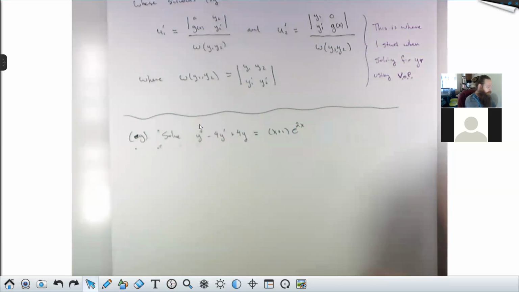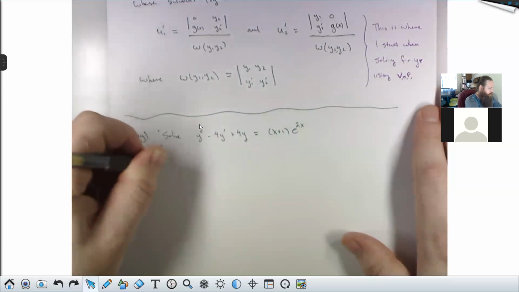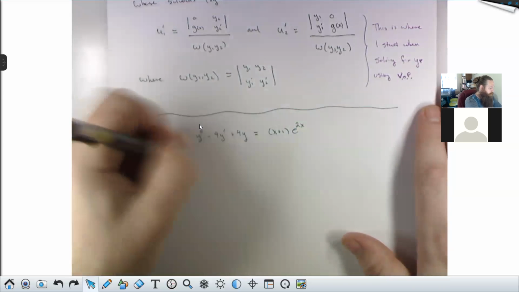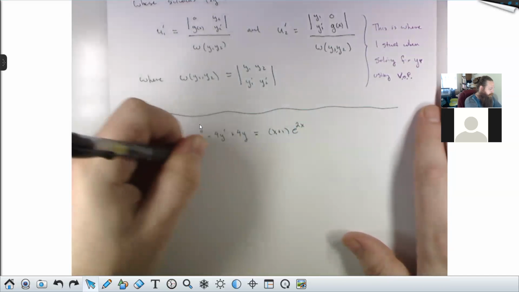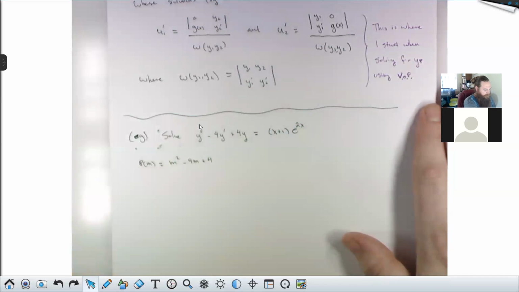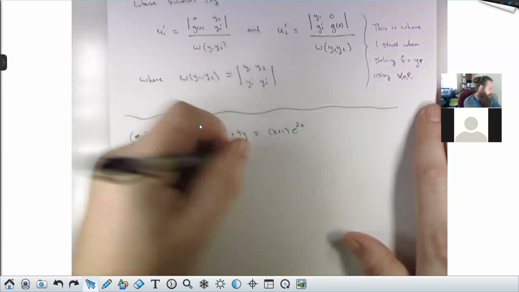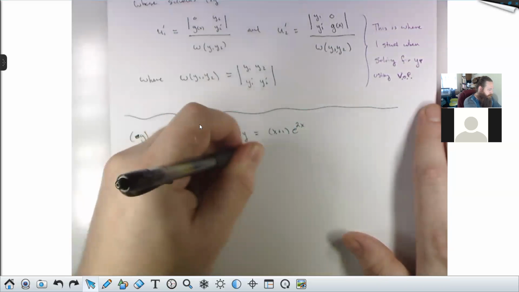You got to begin with the associated homogeneous equation, which means you need your auxiliary polynomial, which is m squared minus 4m plus 4. And this does factor. This factors as m minus 2 quantity squared.